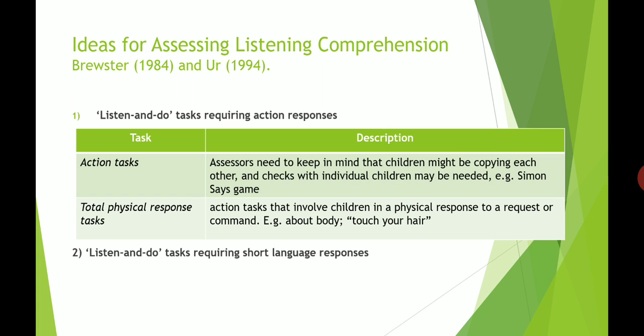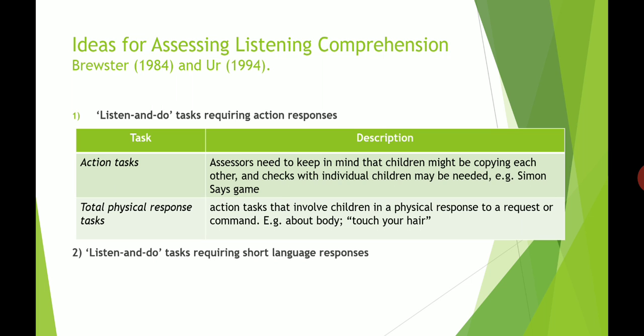This is an action task that involves children in a physical response to a request or command. For example, when we talk about body parts, you can direct your students to touch your hair, touch your eyes, touch your nose, like that.